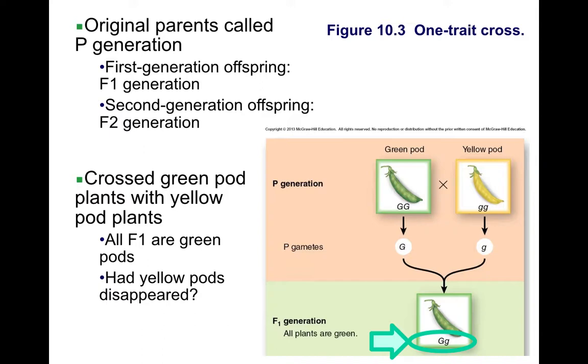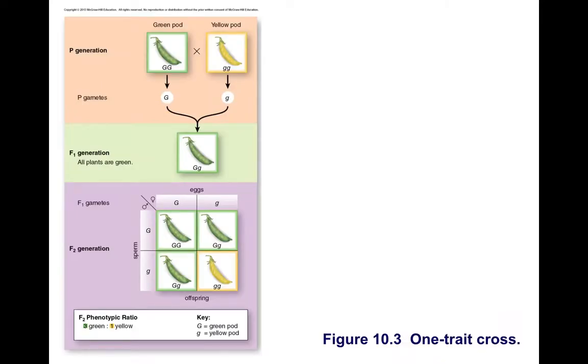So what if we now take these babies that are our F1 generation and have them have babies? We will now focus on this lower part of this diagram. And please do not get overwhelmed by it. We will go through everything in steps.